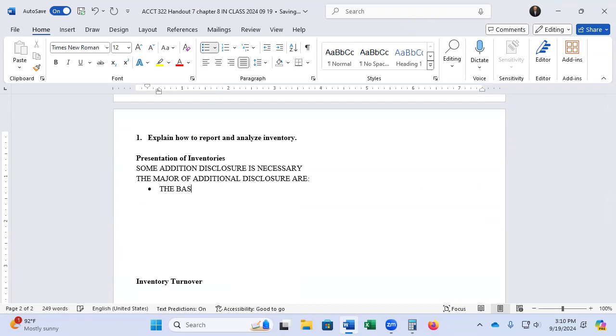the basis on which a company states its inventory amounts. So this would be like lower of cost or net realizable value, or lower of cost or market.